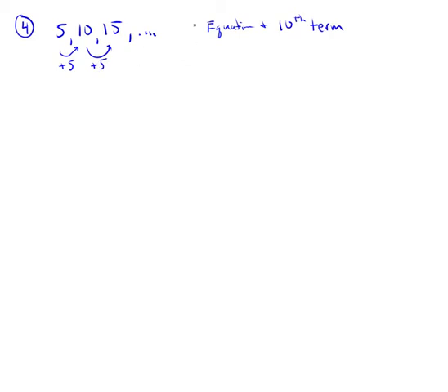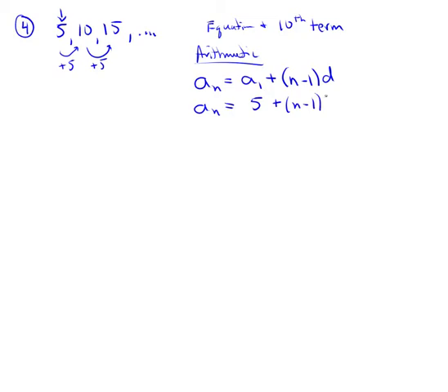So my arithmetic sequence formula is a sub n equals a sub 1 plus my difference, and remember it's one less than n of those differences. So we will substitute in: a sub n equals 5, which is my first term here, plus n minus 1 times my difference, which is 5 here.